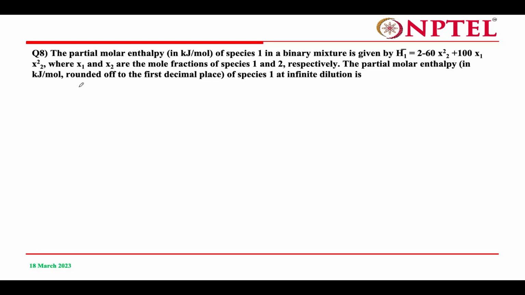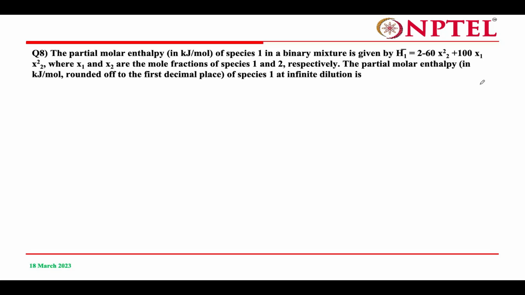Question number 8. The partial molar enthalpy in kilojoule per mole of species 1 in a binary mixture is given by H1 bar equal to 2 minus 60 x2 square plus 100 x1 x2 square, where x1 and x2 are the mole fractions of species 1 and 2 respectively.